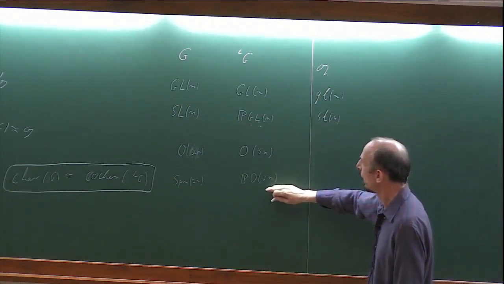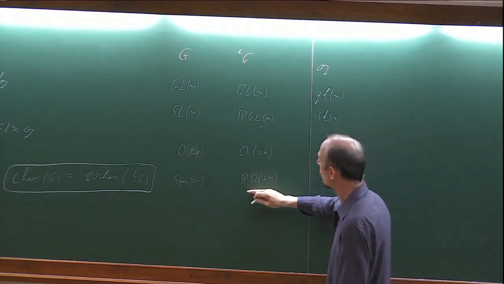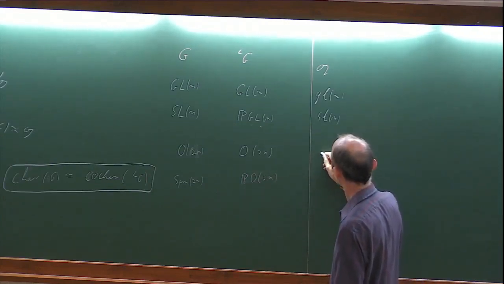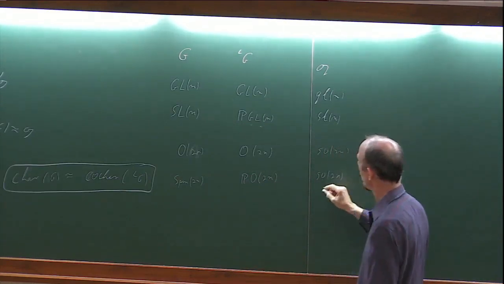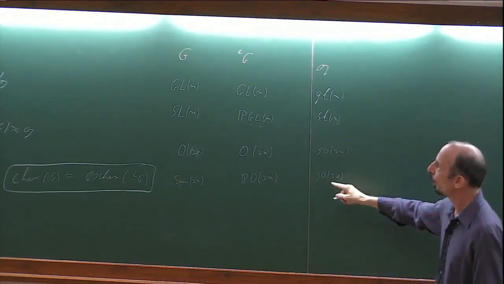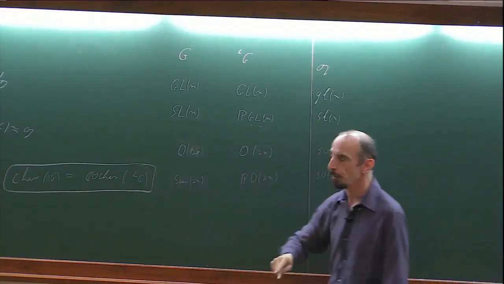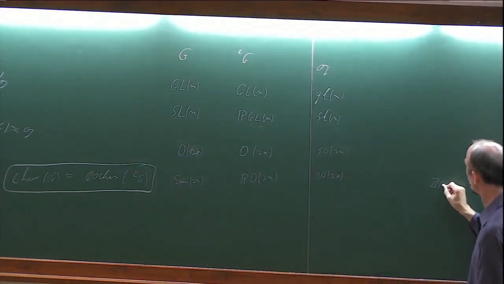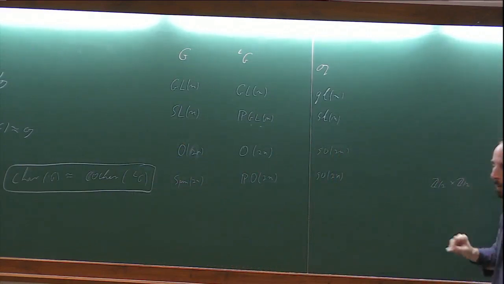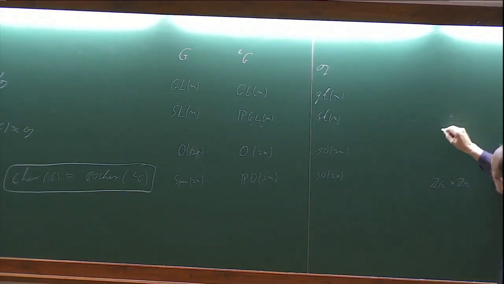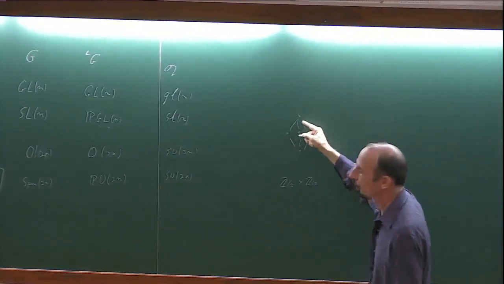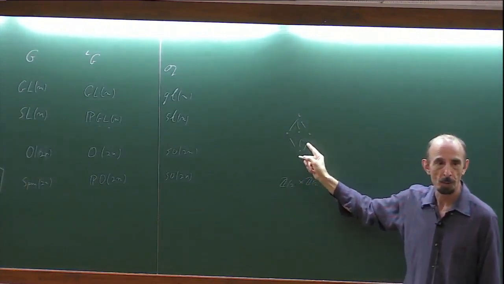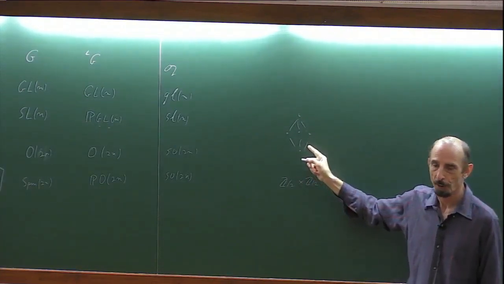So the group of weights divided by roots in this case is going to be Z mod 2 cross Z mod 2. So the diagram looks like this. There's the full group, the zero group, and 3 subgroups of order 2 inside.